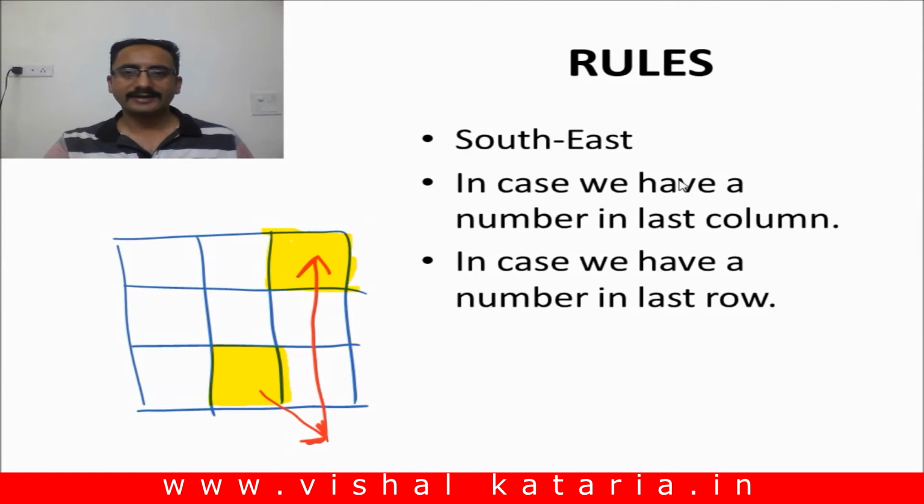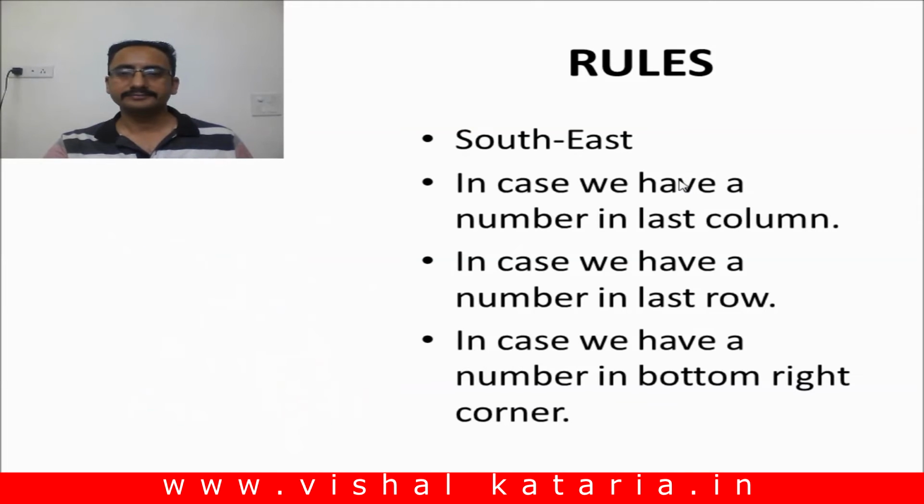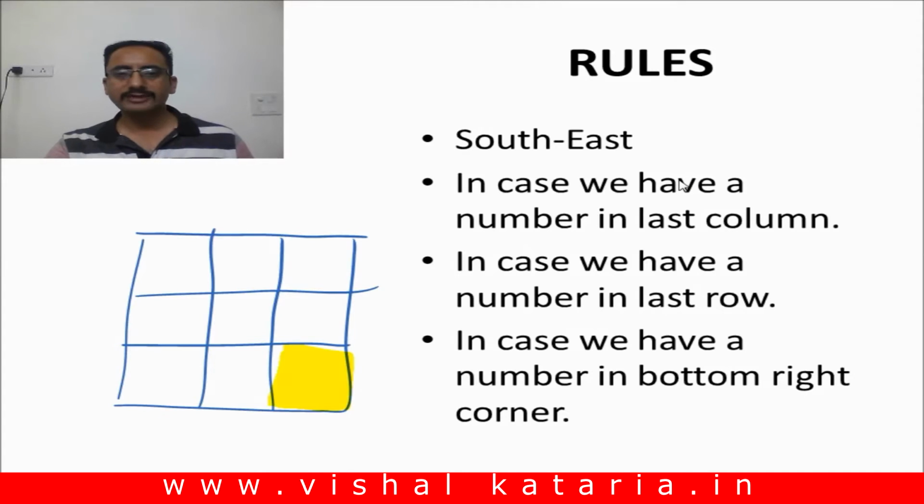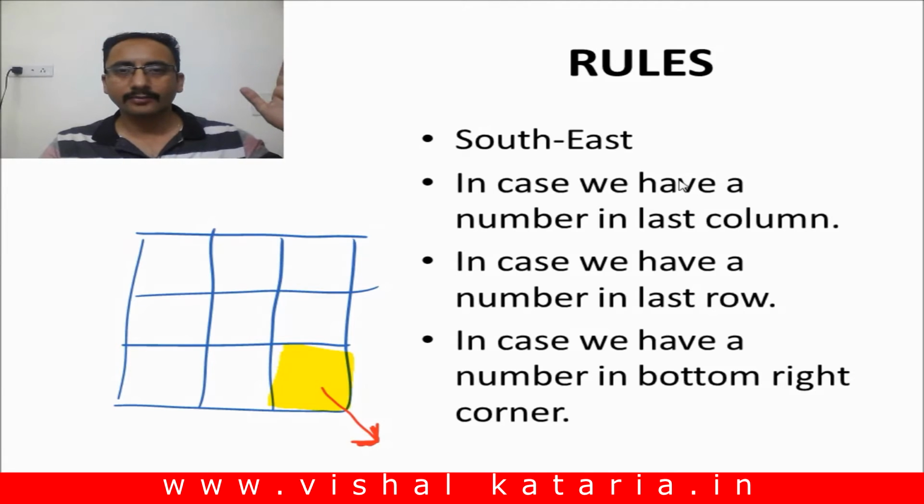The next rule states, in case we are in the bottom extreme right column, this one, and I want to write the next number, I've already written a number in this column. If I move in the southeast direction, I'll be out of this grid. I can neither go to the extreme left-hand side nor go vertically upward.